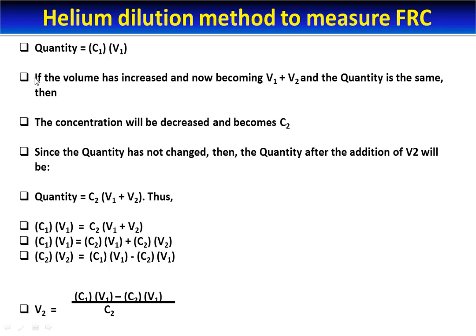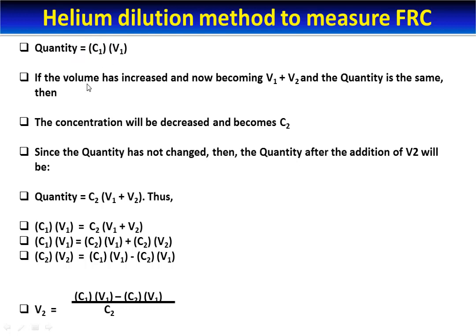if we have a quantity of material which is distributed over a particular volume, then the concentration of the material will be C1 and the volume will be V1, and the quantity of the material will be equivalent to the concentration multiplied by its volume of distribution.